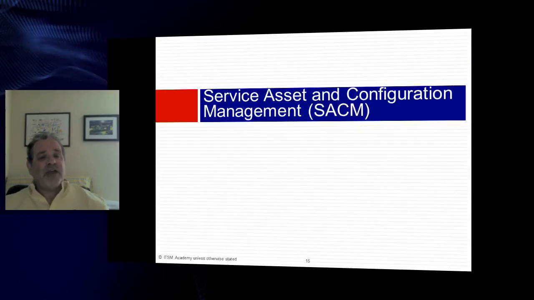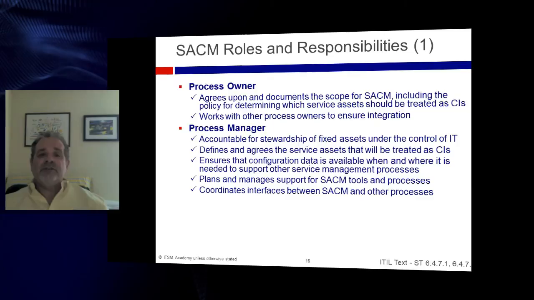Next, we have service asset and configuration management. This is a critical process. This is where all of that critical information gets recorded and made sure that it's kept up to date and accurate. And this is done by the process owner, the process managers, and the process practitioners. The process owner is going to create the policy determining which service assets should be treated as CIs and what level of data should be recorded down into the configuration management system.